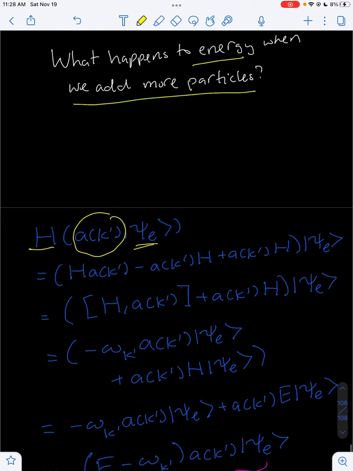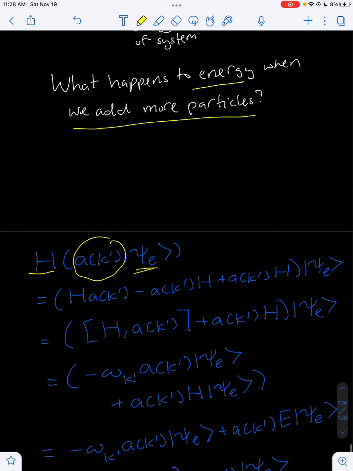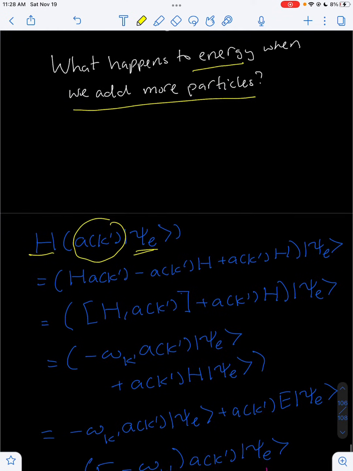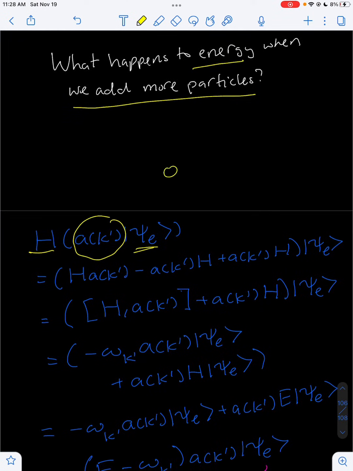And this makes logical sense, right? For those that may not be following right now, all we're saying here is that each particle in our system contains an energy of the square root of k squared plus m squared, which is also known as omega k. So if we remove one particle in our system, that just means that the energy of our system decreases by the square root of k squared plus m squared.